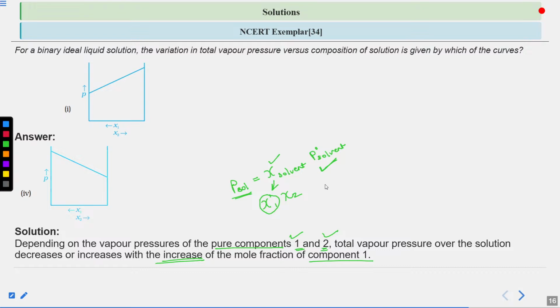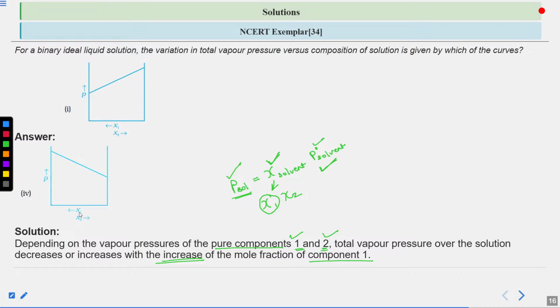Okay, so the graph will totally depend on the vapor pressure of pure solvent, right? Just take a constant thing, that the mole fraction of component 1 is increasing. Now, whether the total is increasing or decreasing depends upon the pure component vapor pressure of 1 and 2. That's why we have two answers for this question.